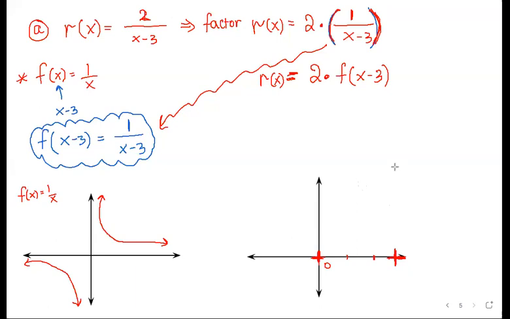So this is my new line, like around this. This is my new line here. Everything here shifted to this side. So the new graph looks like this.